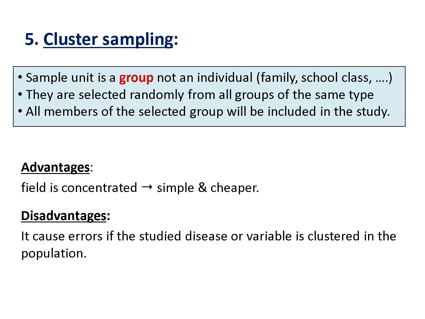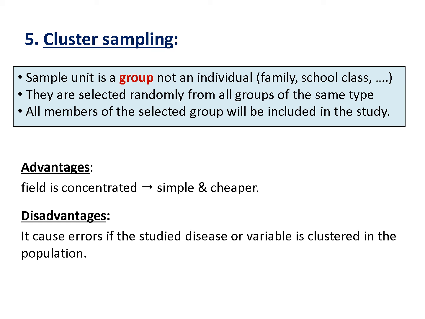The last type of random sampling is cluster sampling. From its name, cluster means a group of population or group of schools. Cluster means group. So the sample unit is not an individual, the sample unit is a group, for example, a family or a school class. They are selected randomly from all groups of the same type, and all the members of the selected group will be included in the study.